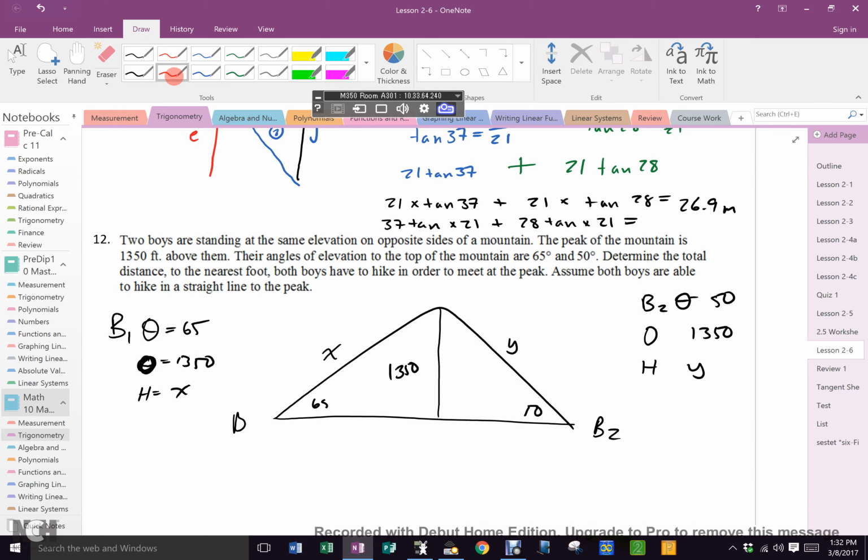Sine. So boy 1, it is sine 65 equals O, 1350 over x. This guy is sine 50 equals O, 1350 over y. Divide or multiply? Divide. 1350 over sine 65.